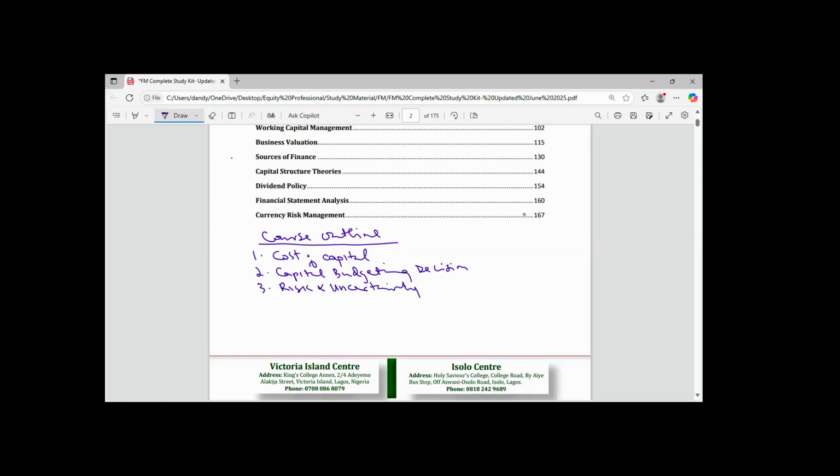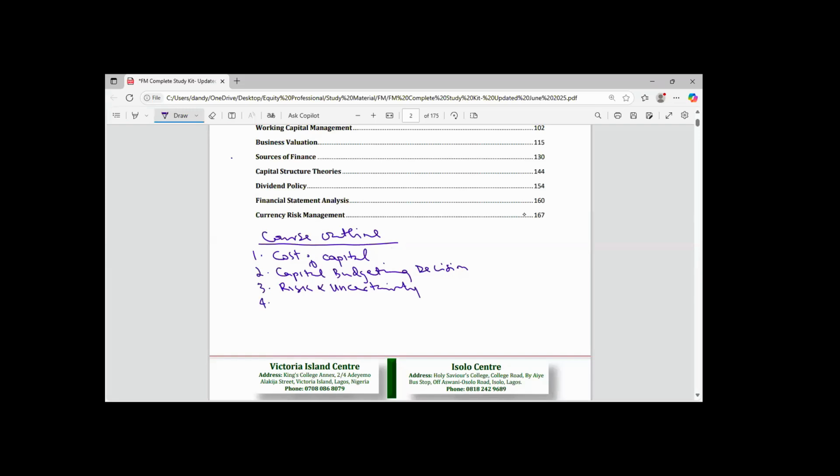For those of you that did performance management last diet, you have experienced capital budgeting as well as risk and uncertainty. It is the same thing. So that is a plus for you. No student should fail financial management, because it's very straightforward.